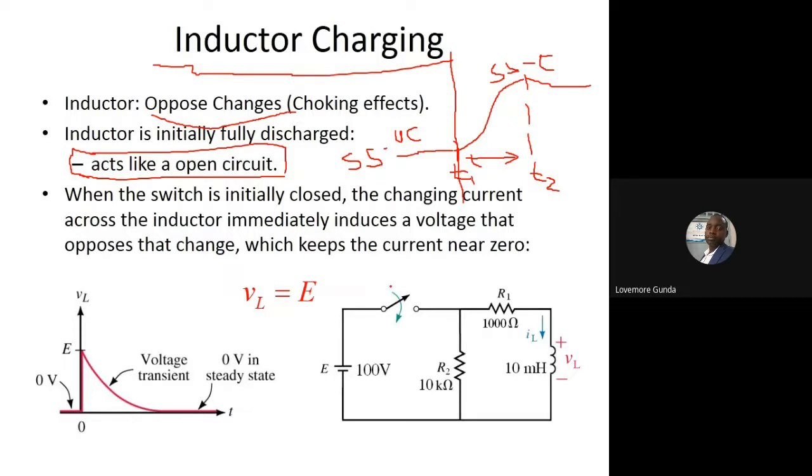Then, looking at the circuit, when the switch is initially closed, the change in current across the inductor immediately induces a voltage that opposes that change, which keeps current near zero. So what are we saying? Initially, there is no current through this. Then you close the circuit. You want current to flow through here and through there, right?